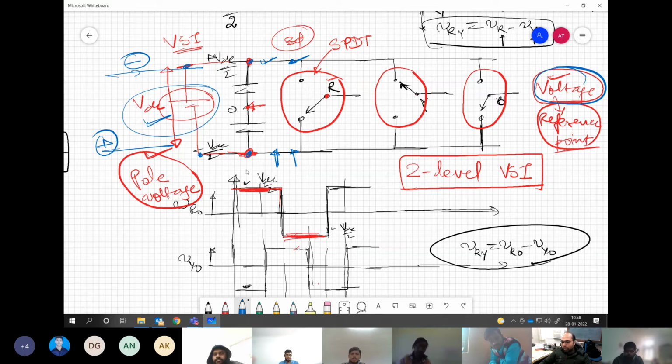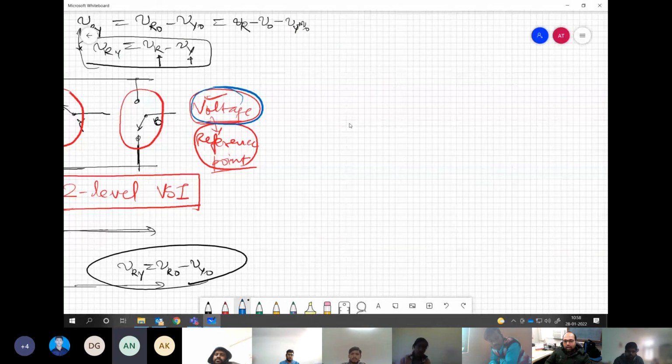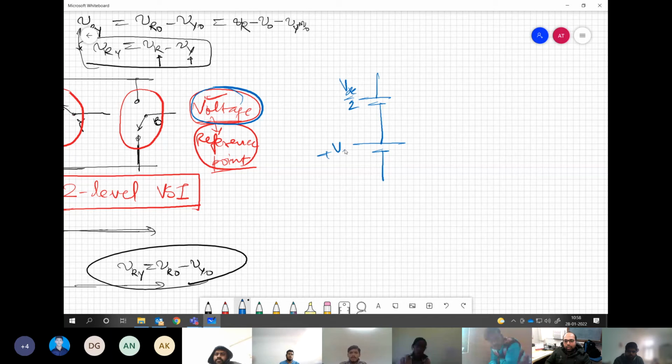Even if you connect 2 sources, one is VDC by 2, another is VDC by 2, like this, can you say this point is 0 in absolute sense? No, sir. You are saying this is 0 only with respect to this and this.